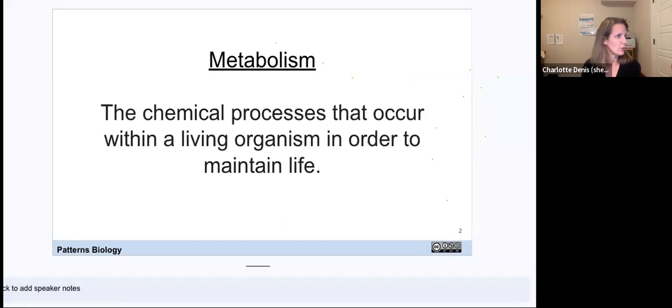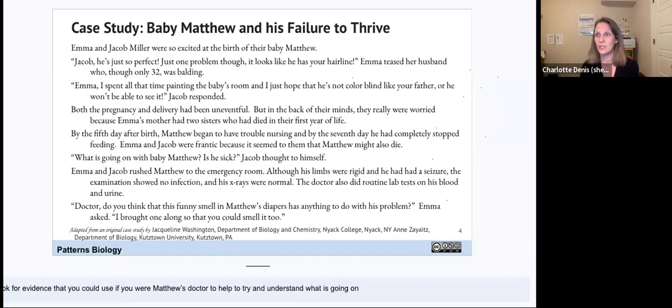And so we review the idea of what metabolism is and come back to the scenario of baby Matthew that we saw in 2.1 very early on. I actually bring out their Jamboard, their driving question board, and we look through which of those questions we have actually already been able to answer.